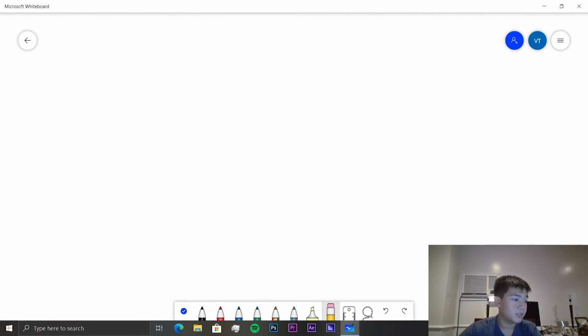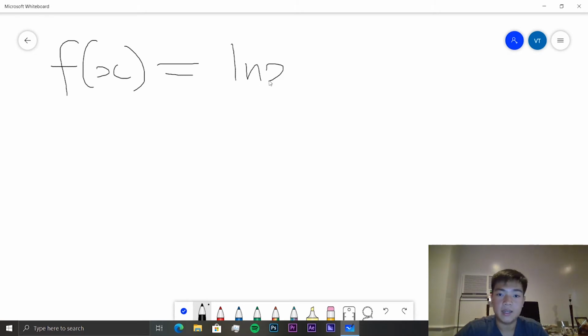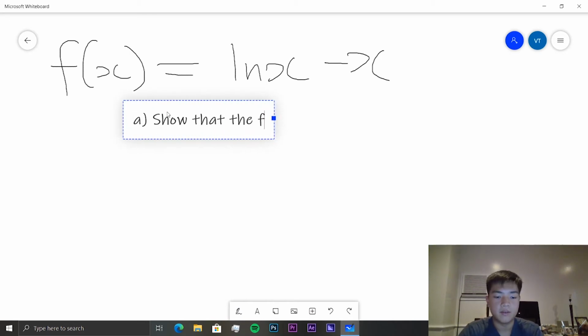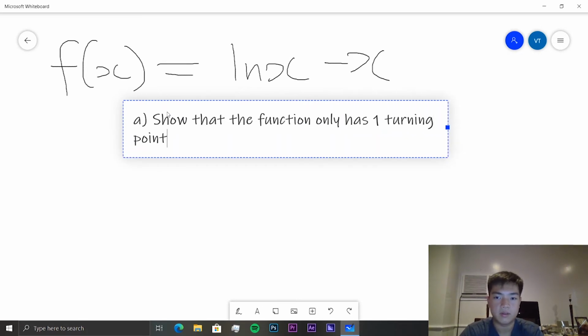Next, okay, so we have a function, f of x is equal to ln x minus x. And we need to do quite a few things with it. First, show that the function only has one turning point.